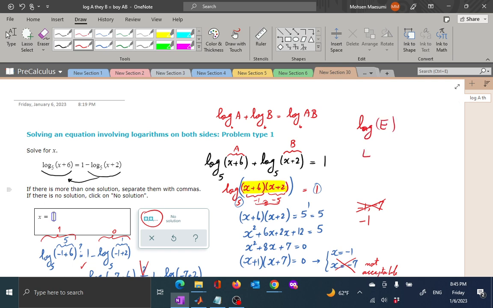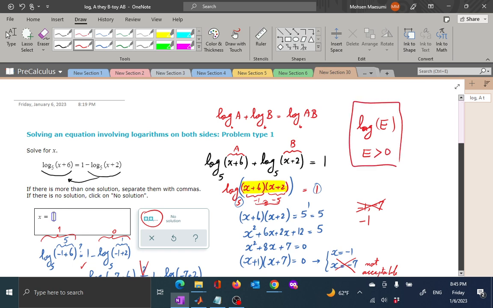That's only acceptable if that expression is positive. Otherwise, the logarithm is going to be meaningless. So whatever answer you got, you have to check them in all the input fields. Make sure that no argument of logarithm becomes negative.